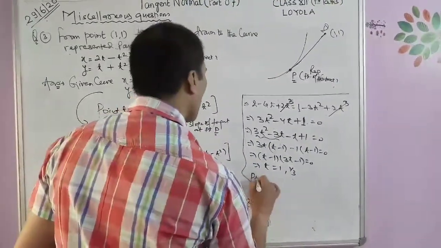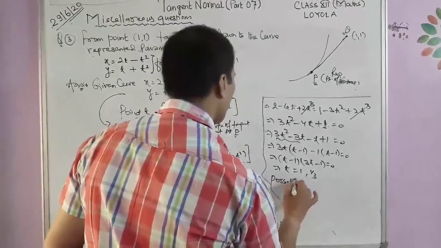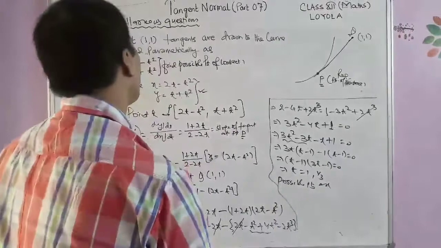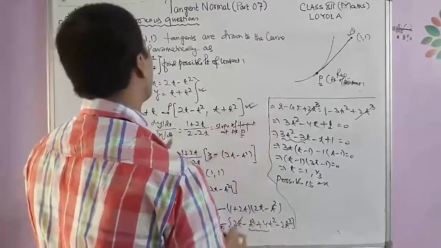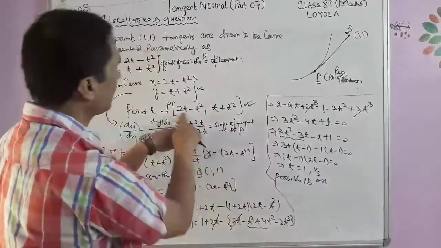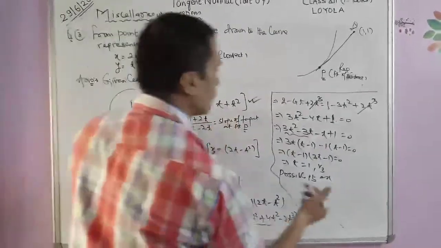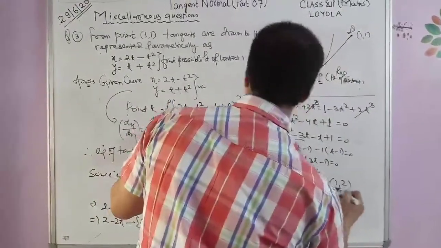So the possible points are: for t equal to 1, putting t equal to 1 in this ordered pair, we get 2 minus 1 and 1 plus 1, that is (1, 2).